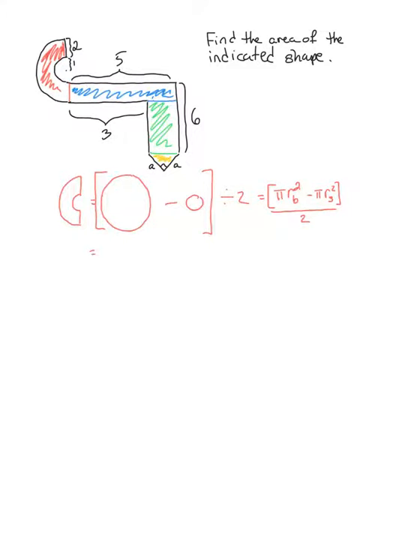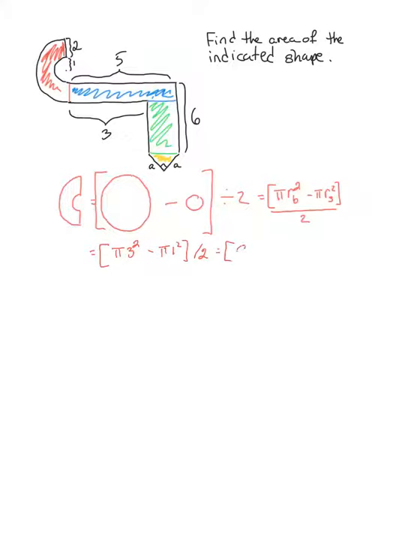The radius of the big circle is from this point here up to the other edge here. The radius from there to there is 3, since 2 plus 1 is 3. So we have pi times 3 squared, subtract the radius of the small circle, which is just 1, so pi times 1 squared, divided by 2.